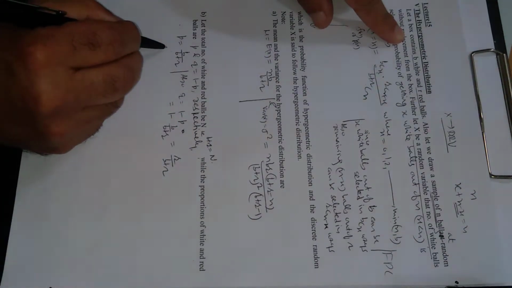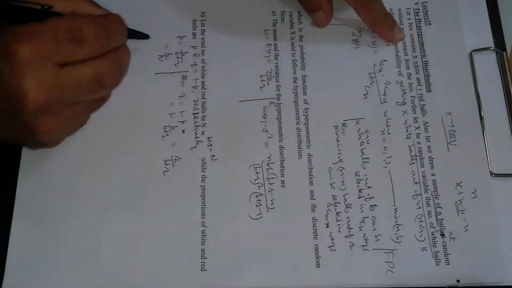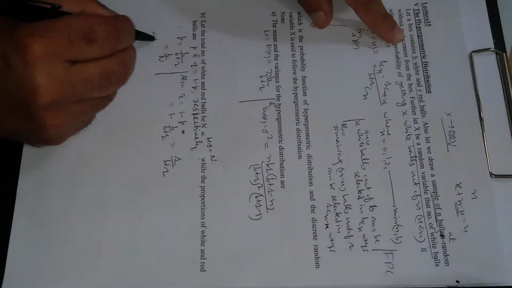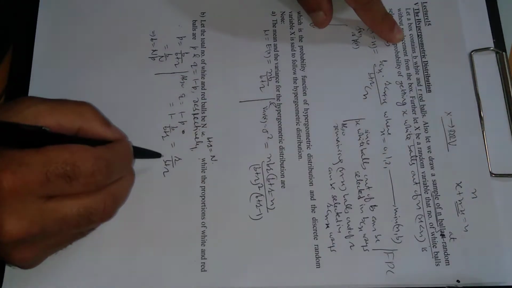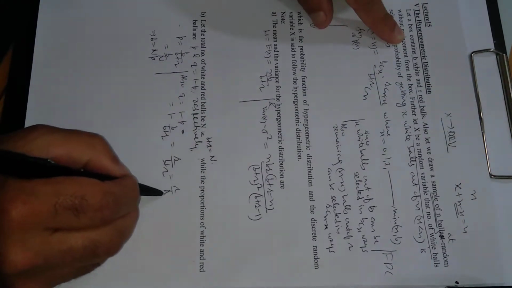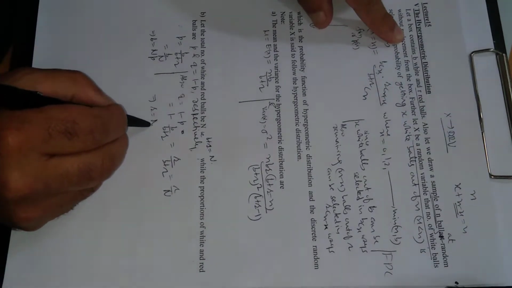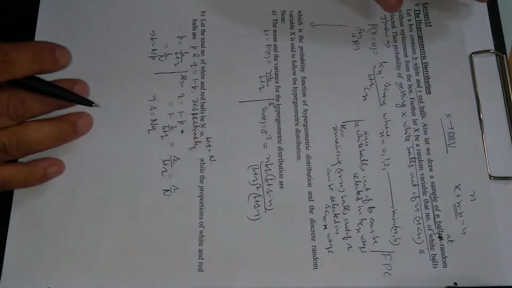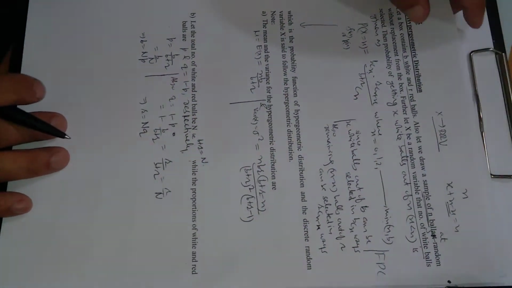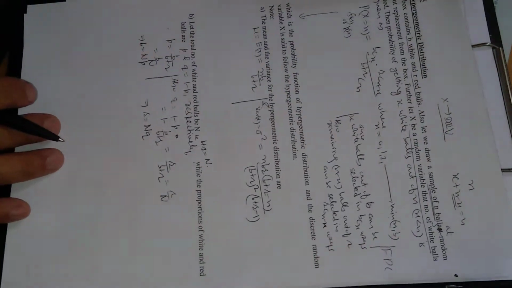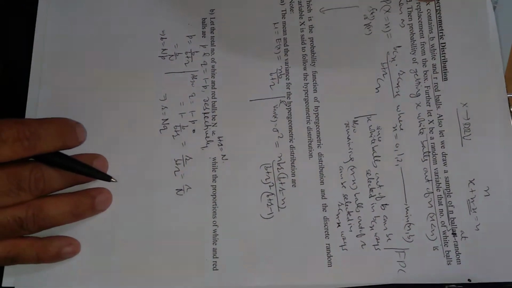So what is b plus r? b plus r is N, so this is b upon N. So from here b will be equal to Np, and also from here this is r upon N. So from this result r will be equal to N into q. So these are the values of b and r. Now I am going to substitute.